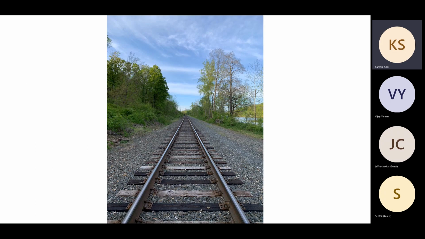So I just want you to observe this image. This is what a human eye sees, right? Here, this line is a straight line. This track is also a straight line.